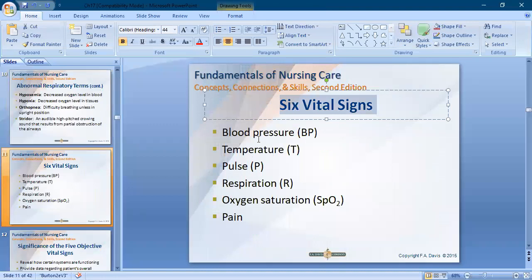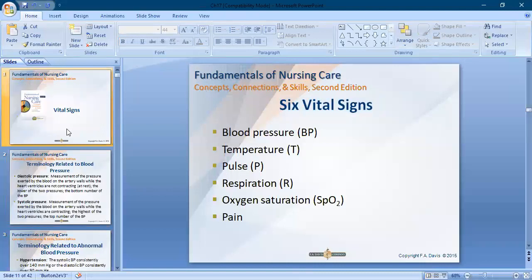One is blood pressure, one is temperature, one is pulse, one is respiratory rate, and oxygen saturation, right? And also the pain. So pain is also an important tool as a vital sign here. So go back again. The first one is the blood pressure, right?